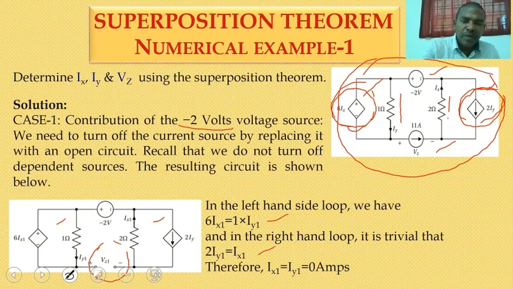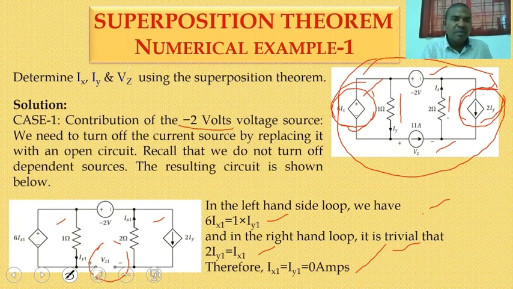From the left and right loops, you are not getting any other terms, so 6Ix1 equals Iy1 and 2Iy1 equals Ix1. That's why the values of Ix1 and Iy1 must be 0.